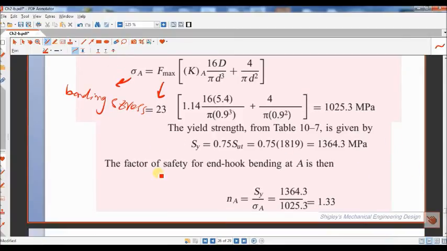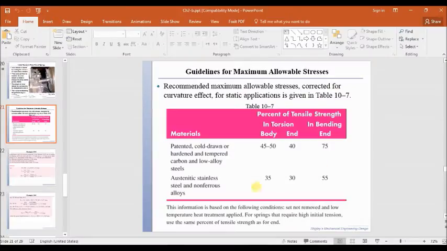1025 megapascal. Again, I need to refer to table 10.7. How much is the axial yield strength in the hook of the spring? The bending yield strength or axial yield strength is 75% of the ultimate strength.